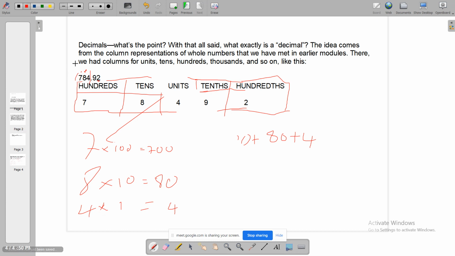The number that comes after the point is the tenth. So this 9 is the tenth. And then the next number that comes is the hundredth. Do you understand up to that point?